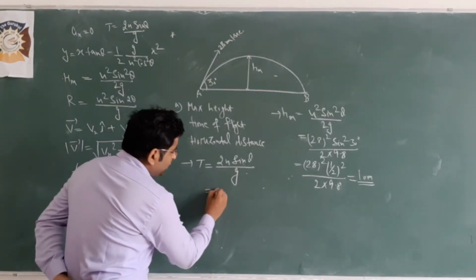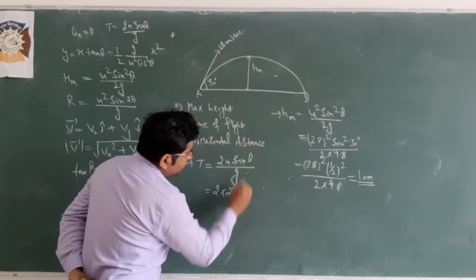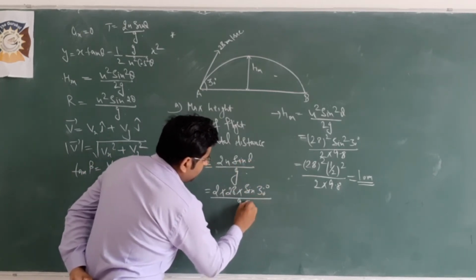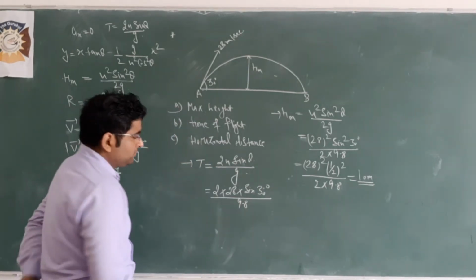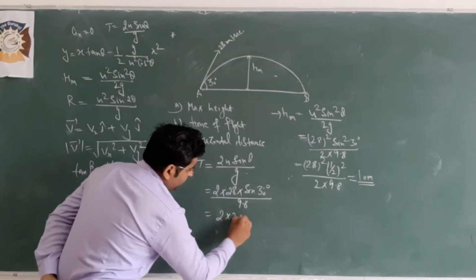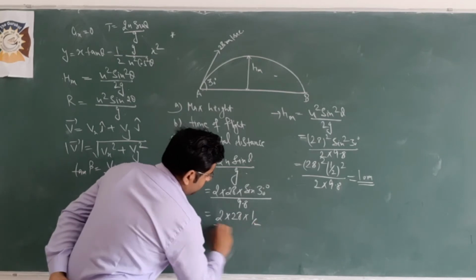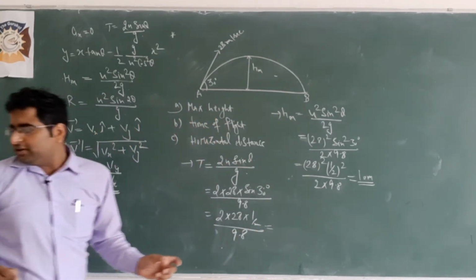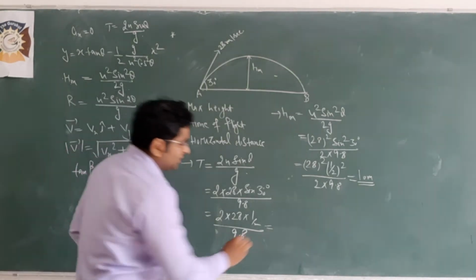So beta, 2 into 28 sin 30 upon g. And sin 30 is equal to 1 by 2, and when you solve it, the answer will come 2.9 second.